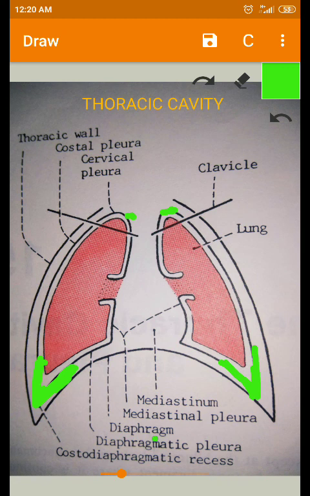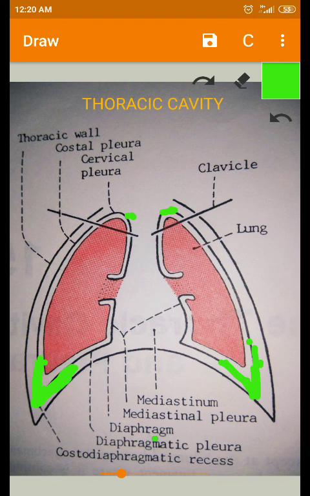The costodiaphragmatic recess lies inferiorly, between the costal and the diaphragmatic pleura. This is the costal pleura and this is the diaphragmatic pleura, and in between these two pleurae you have this space.